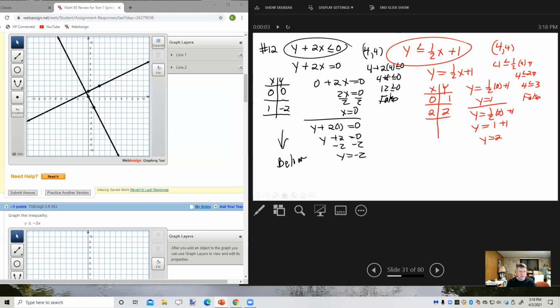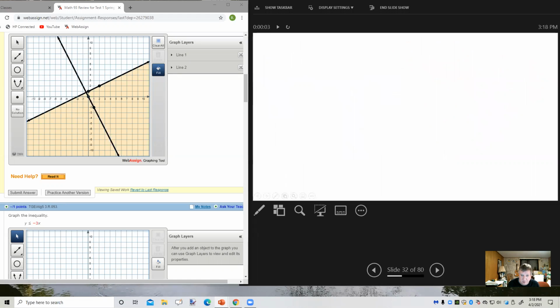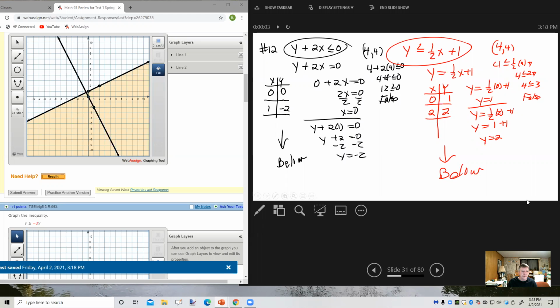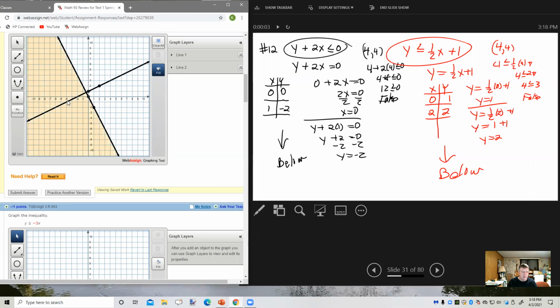So 4, 4 doesn't work here. So it's got to be over here, which would be below. So it's below this one and it's below that one. So this would be the intersection.